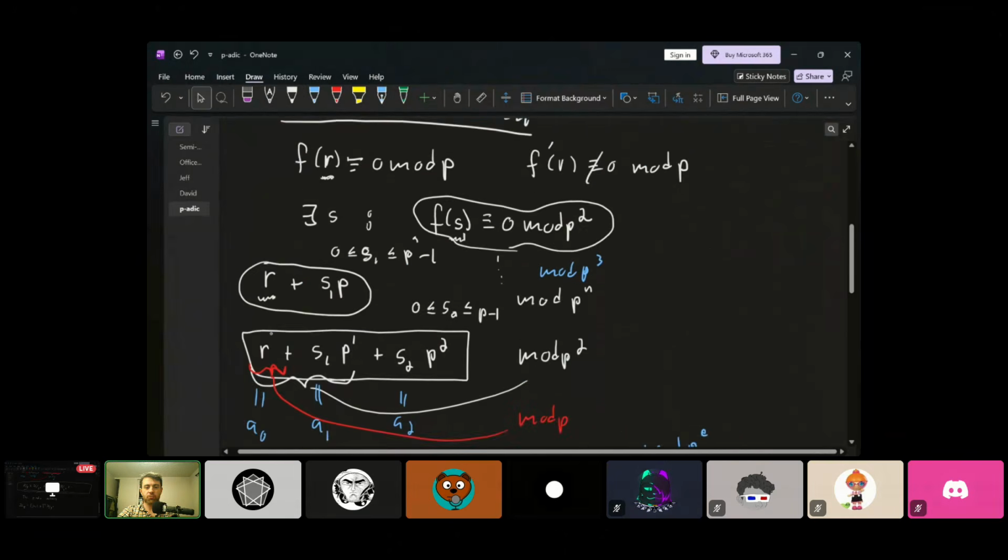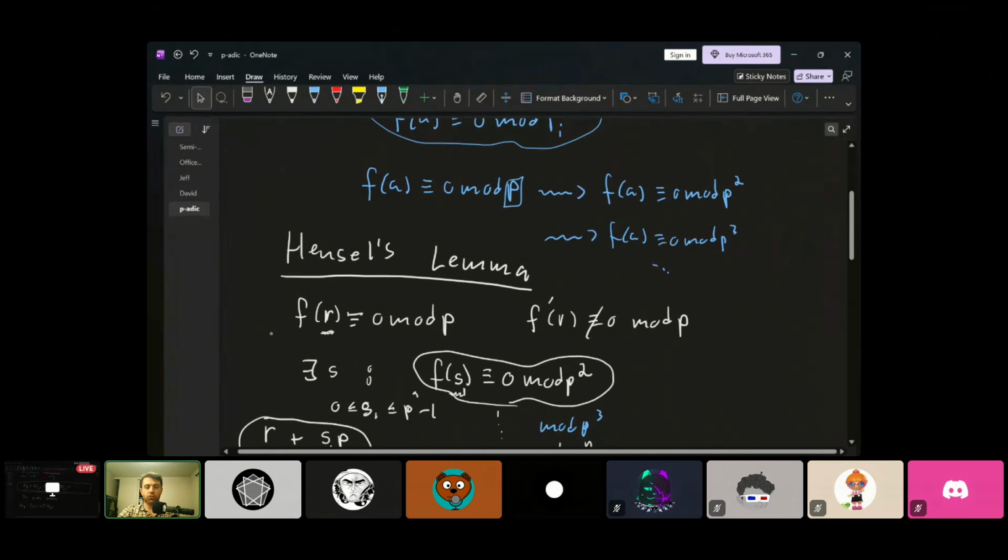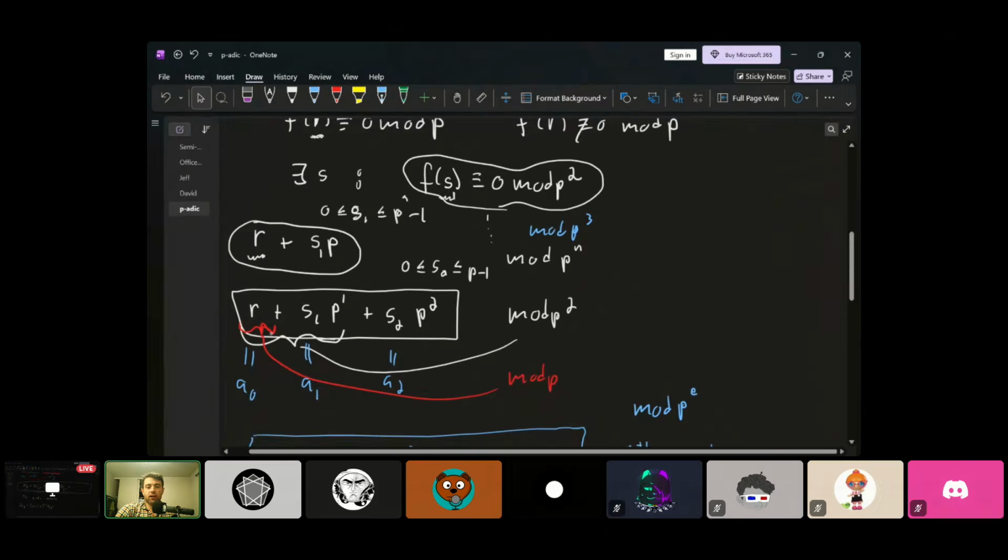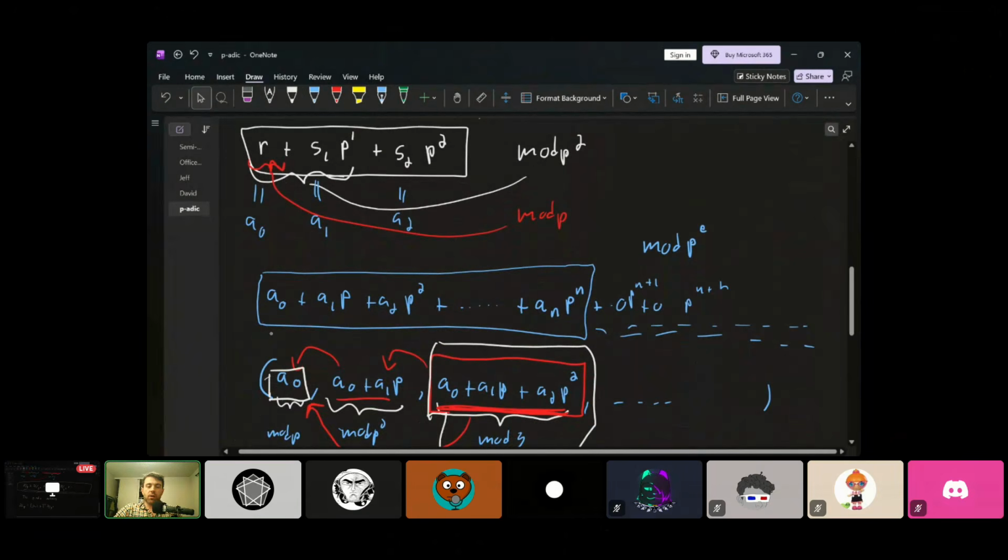And where did this come from? Our attempt was trying to solve polynomials mod p. And we realized that from Hensel's lemma, if you had a solution mod p, under certain conditions you could lift it to mod p to the n, and under certain conditions you can do that indefinitely.